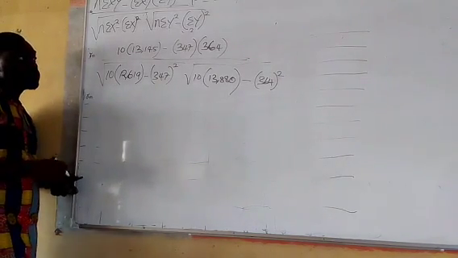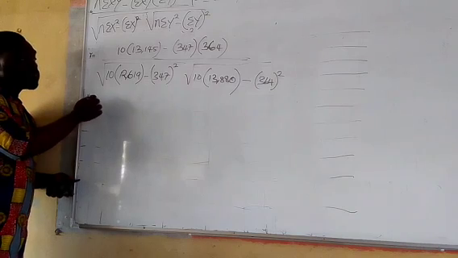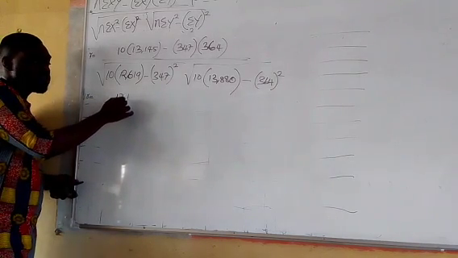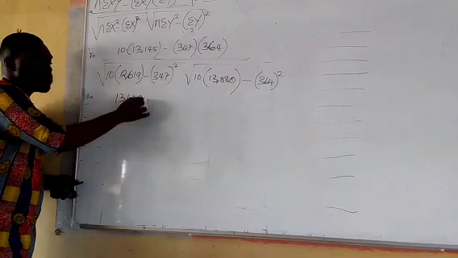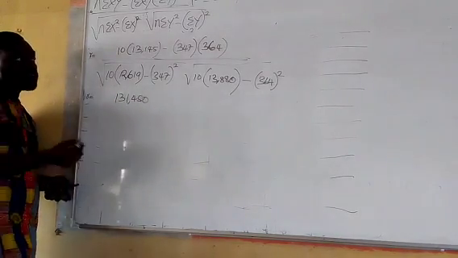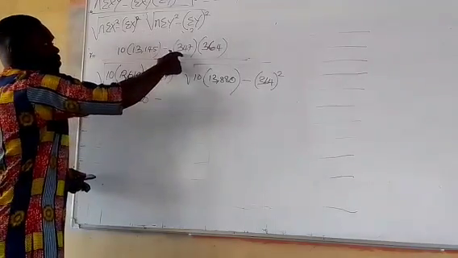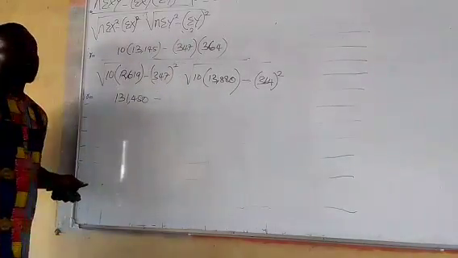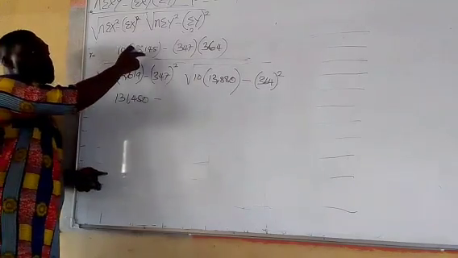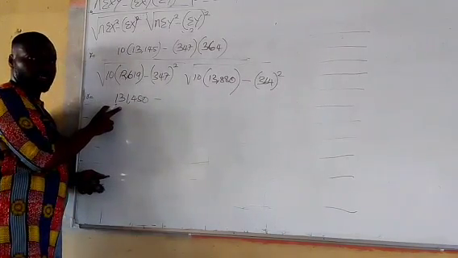What do we have? 131,450. You can put your comma to help you differentiate the tens and the hundreds. So we have minus 347 multiplied by 364. What you mean is 10 times this now.